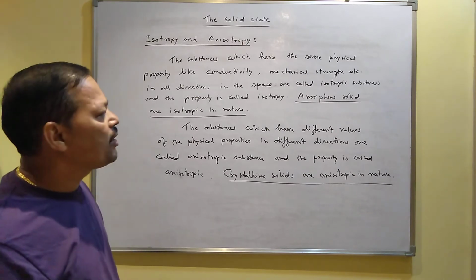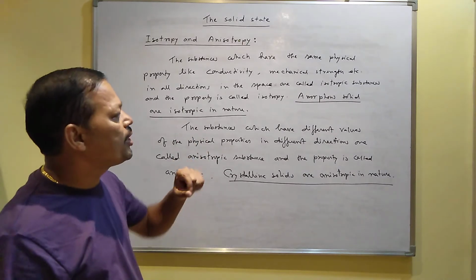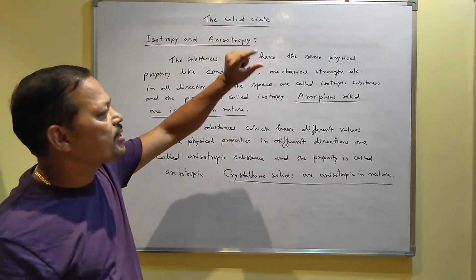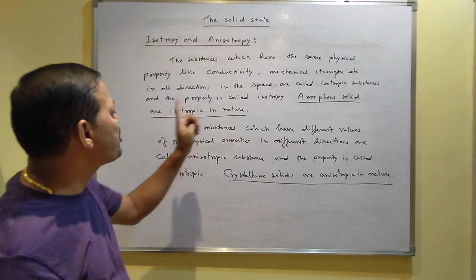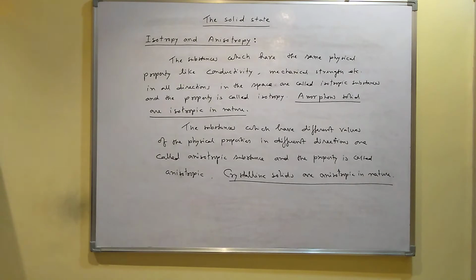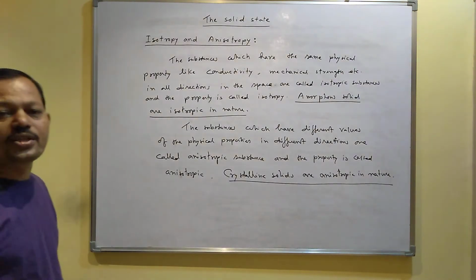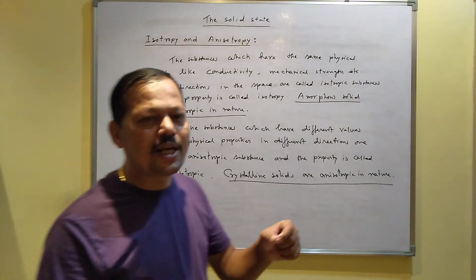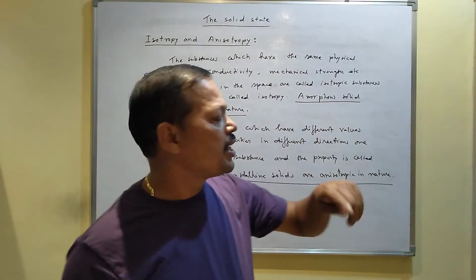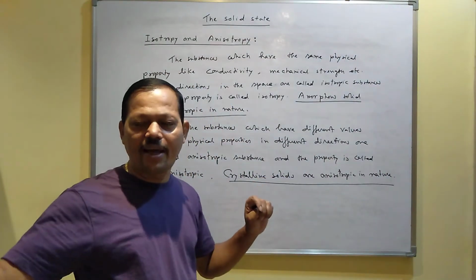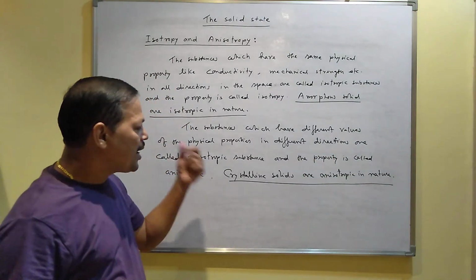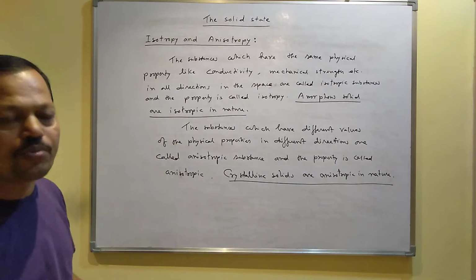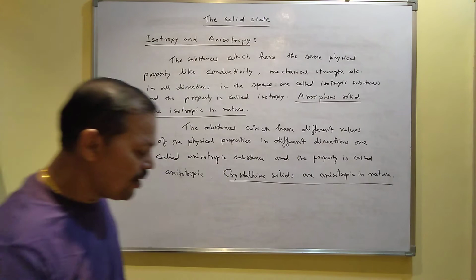If your solid is amorphous solid, then you will get the same value of physical property in all directions, and that is why amorphous solids are said to be isotropic in nature. But in case of crystalline solid, when you measure the physical property in different directions, you will get different value. In x direction you will get different value, in y direction you will get different value, and that is why crystalline solids are found to be anisotropic in nature.